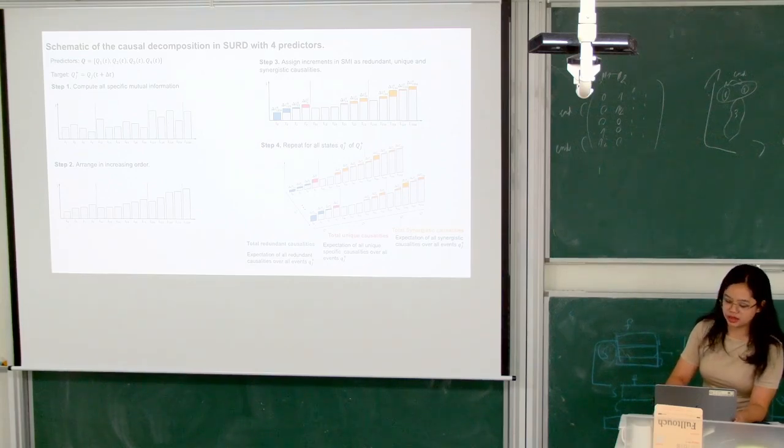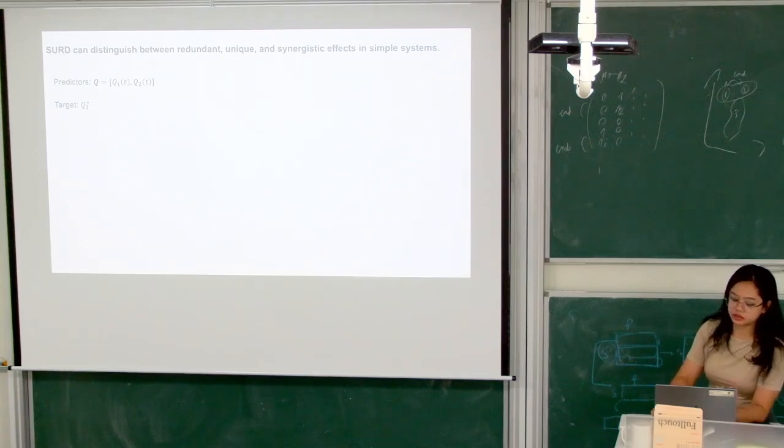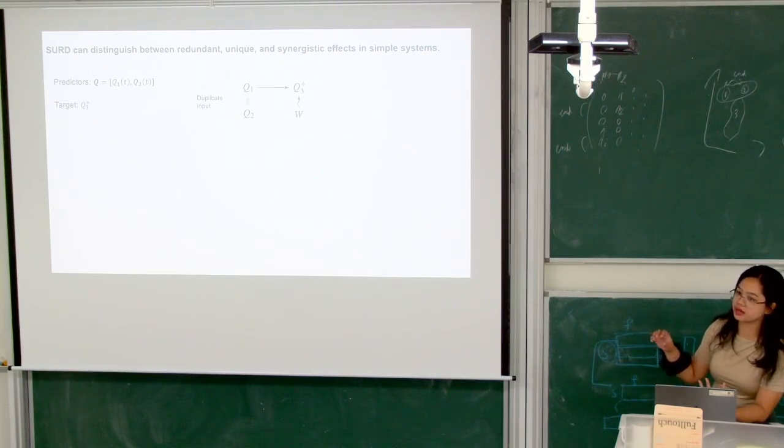So now, they first tested it on very simple examples. In the first example, there are 2 predictors and 1 target variable, Q3 plus. And the first scenario where they tested it is the case where there is a double input, duplicate input.